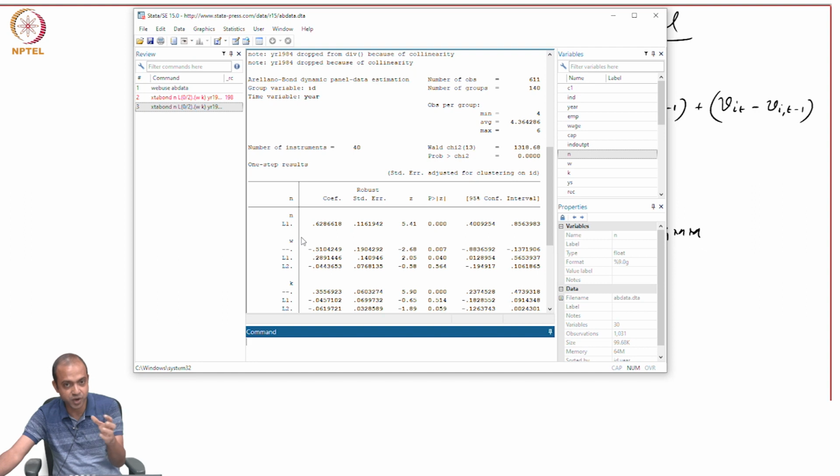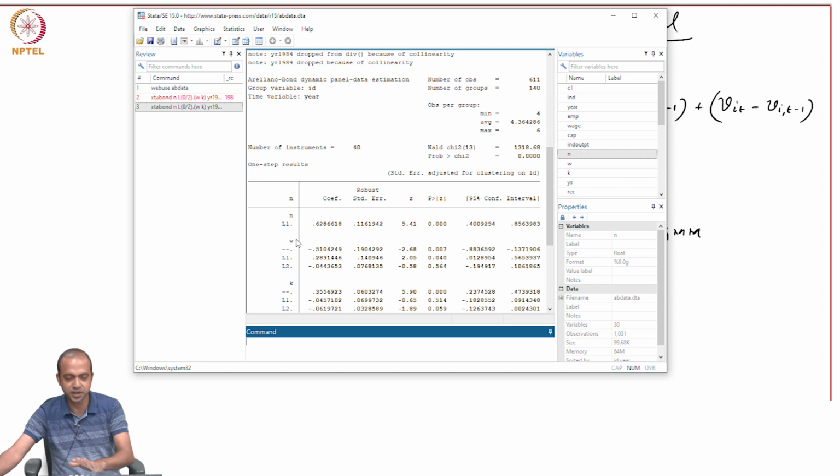That means industrial output we took as a proxy for aggregate demand in that particular year. So, if you include those variables, whether your coefficient is changing or not.